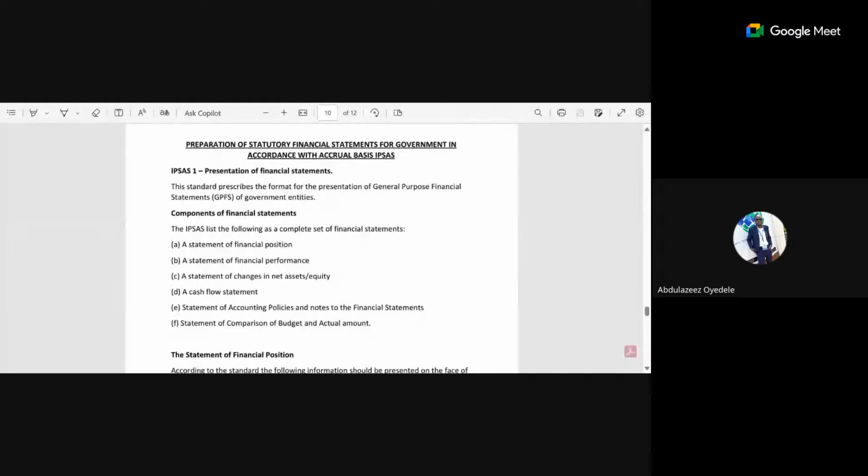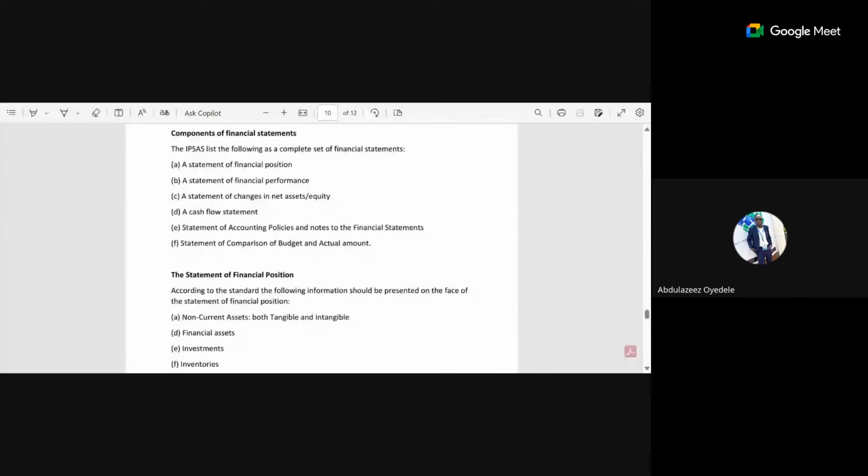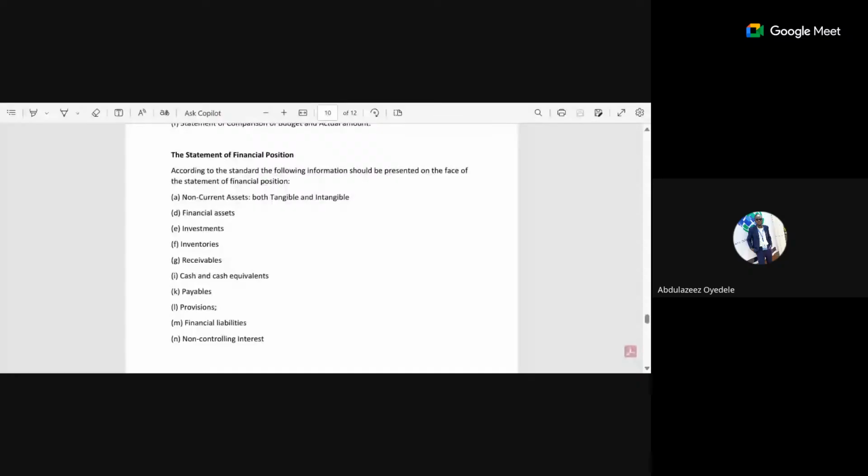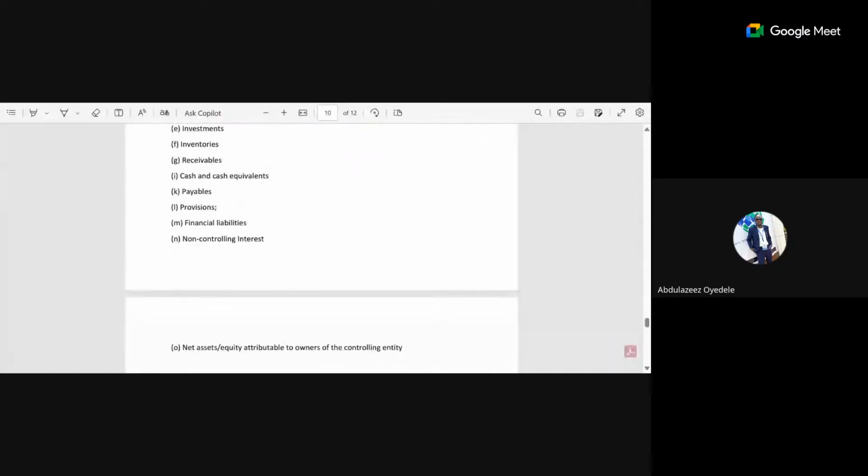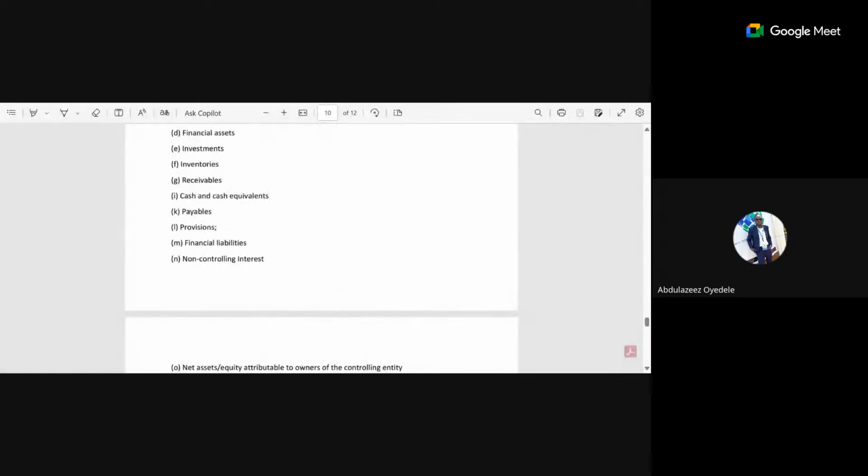We budgeted 1.5 billion, actual 1 billion. Expenditure, we budgeted 800 million, actual was 900 million. So it will just show a comparison of your financial statement against what was budgeted for those particular items. Okay, so that is basically the rundown of what those statements look like.